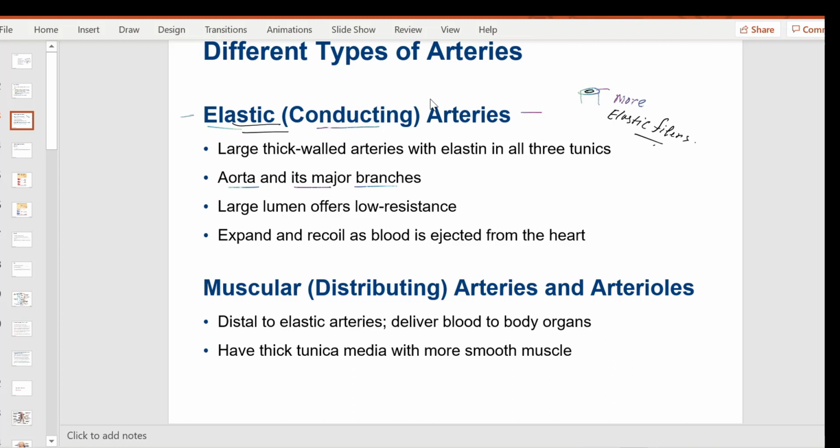Okay, muscular arteries are medium-sized arteries, and they are called distributing arteries. And then the smallest arteries are arterioles, as I mentioned before. Now, why are the muscular arteries called distributing arteries and why are they called muscular arteries?